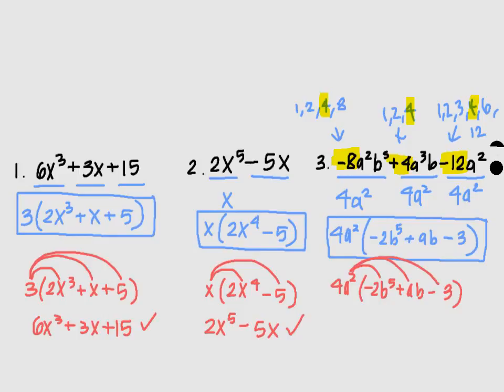So 4a squared times -2b to the fifth is equal to -8a squared b to the fifth. 4a squared times ab equals +4a cubed b, and 4a squared times -3 equals -12a squared. So I'm going to compare this trinomial to the trinomial that I started with up top. For number 3, I see that they are the same, so I checked and made sure that my answer was correct.